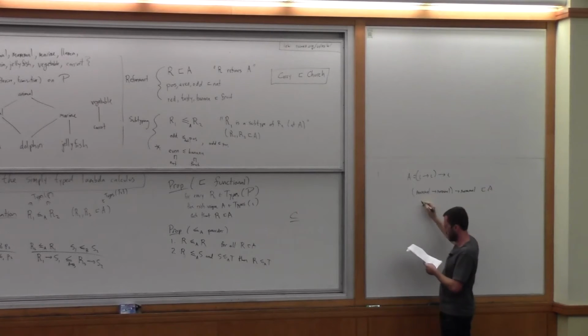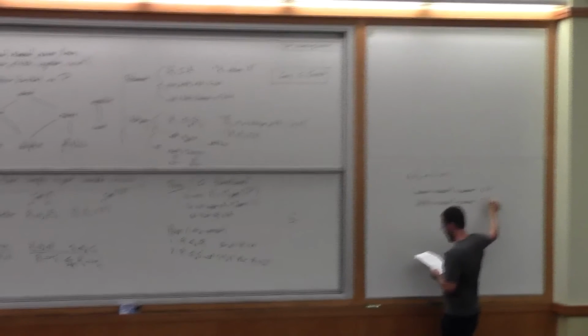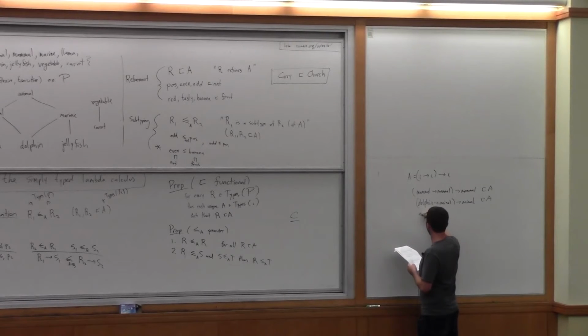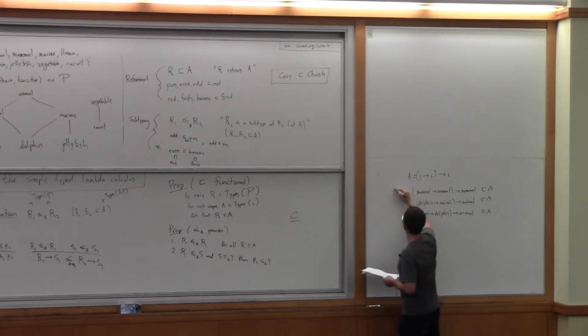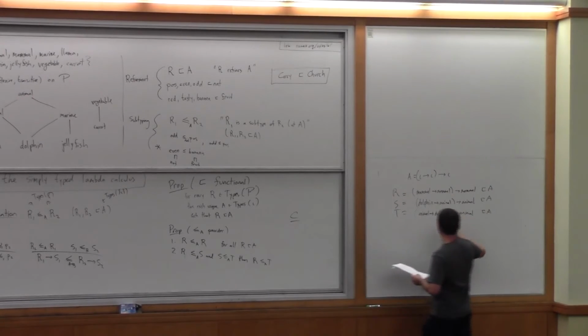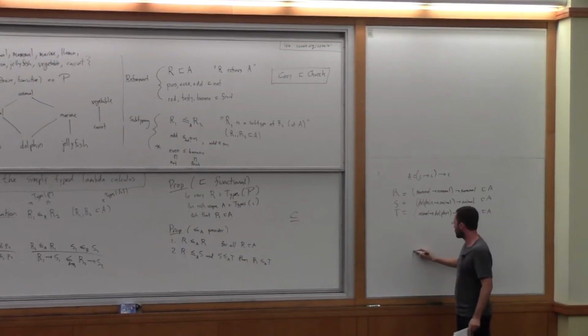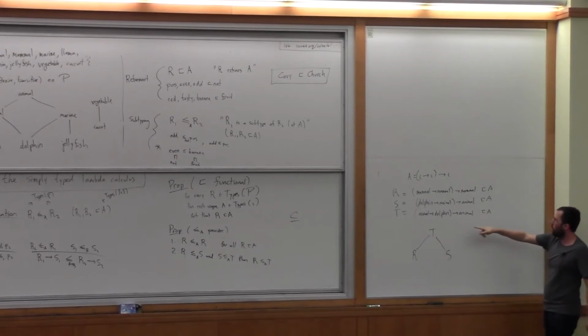This refines A, and these are all different refinements of A. But then if you look at the subtyping relationships which hold between them, R is a subtype of T. Why is that?